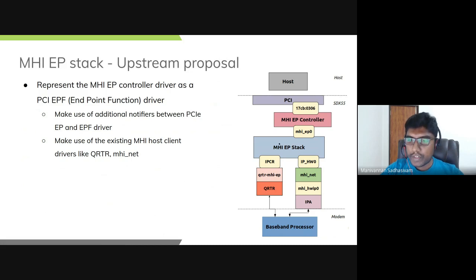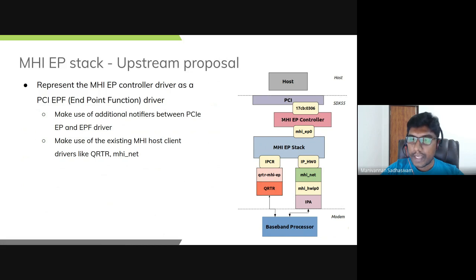So here, the MHI endpoint stack sits on top of the PCIe bus, and it uses the MHI endpoint controller for carrying out all the PCI endpoint related duties. This MHI endpoint controller is represented as a PCI endpoint function driver.